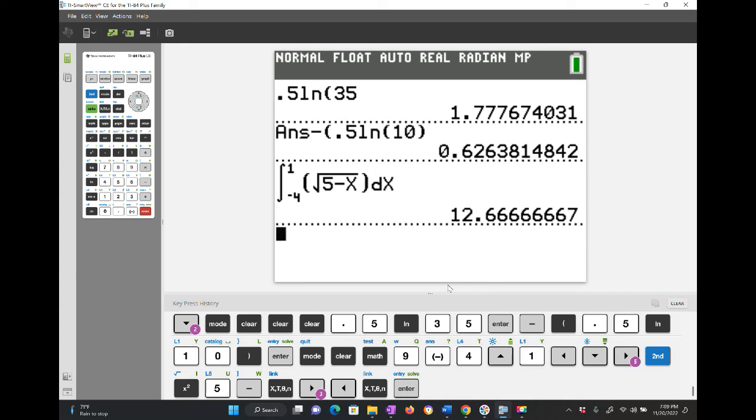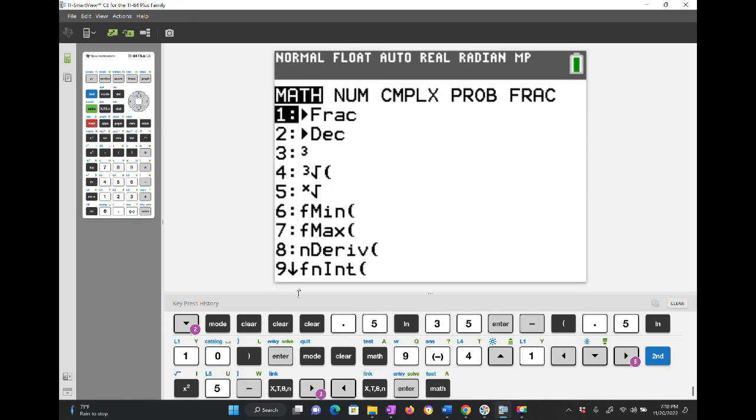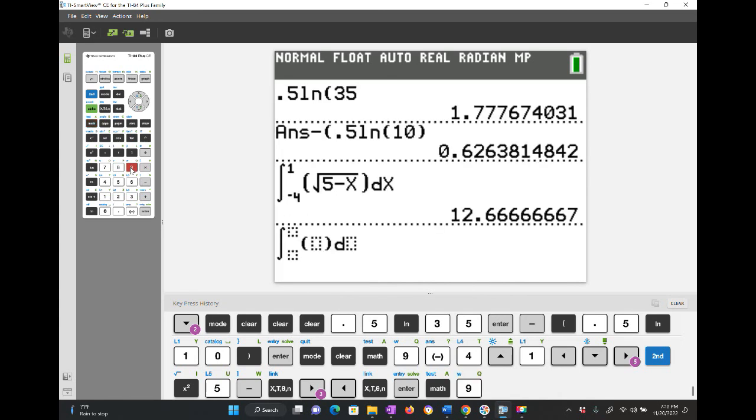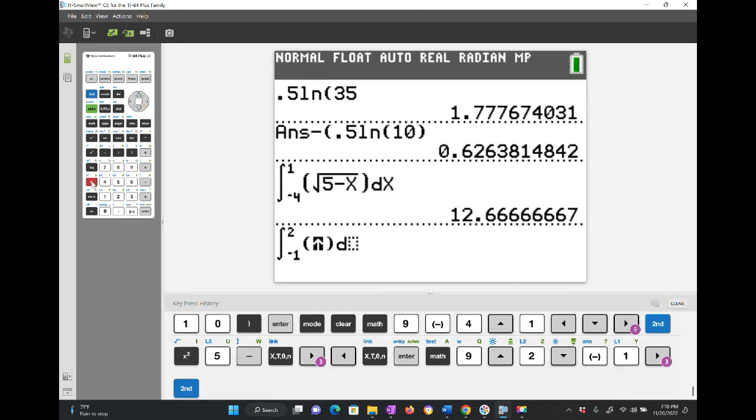So they literally are just saying, look, if you have a question like number 7, this is what they give you. They give you the integral between 2 and negative 1 of, second, e to the, what do they have this one at?